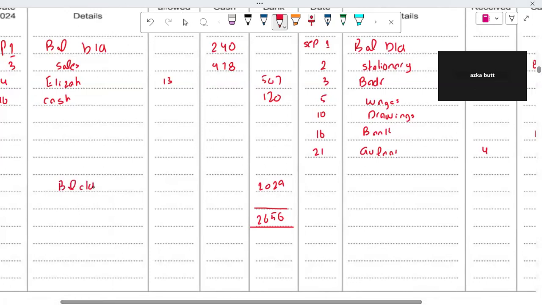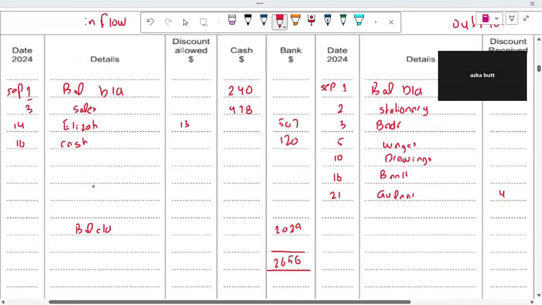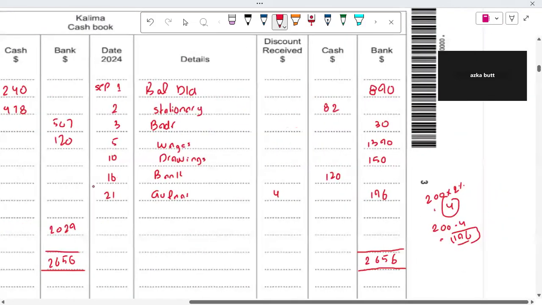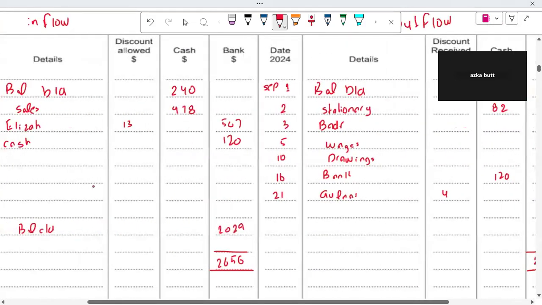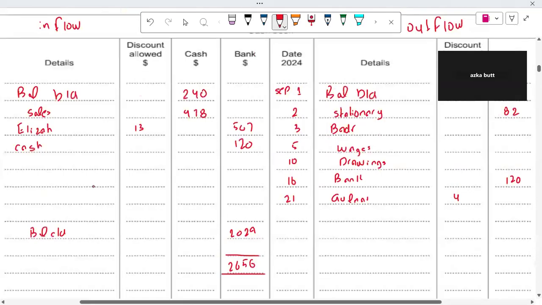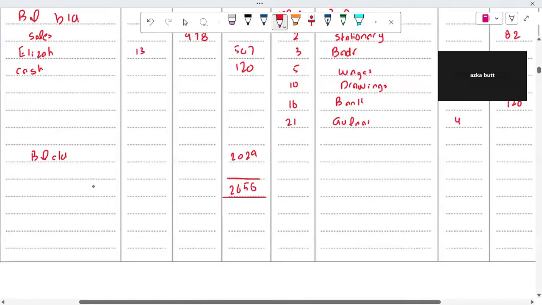Now let's see the cash column. Okay, so in the cash column, I think we have the debit side 240 plus 478. This is 718.